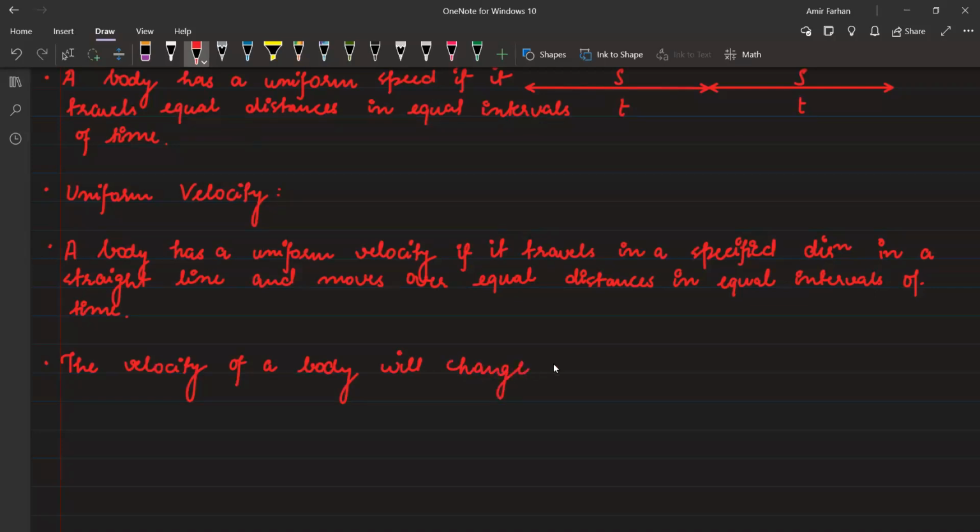Velocity can change in two ways. First, by changing the speed of the body. Second, by keeping the speed constant.